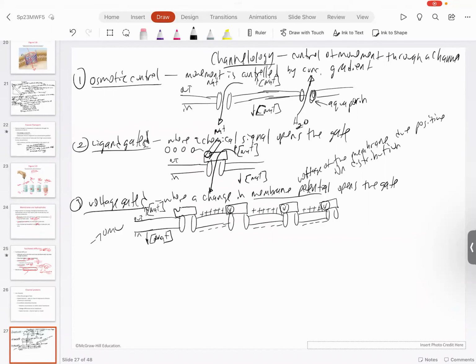Now here's what we're going to do. First thing we're going to do is we're going to open up the first gate with a ligand. So we're going to bring in some sort of a chemical signal. It's going to bind to our ligand gate. And then what's going to happen? The gate's going to open, right? So once your gate opens, then what's going to happen?